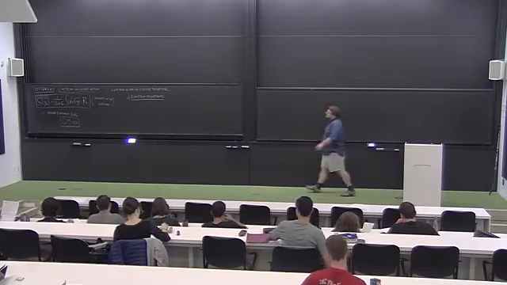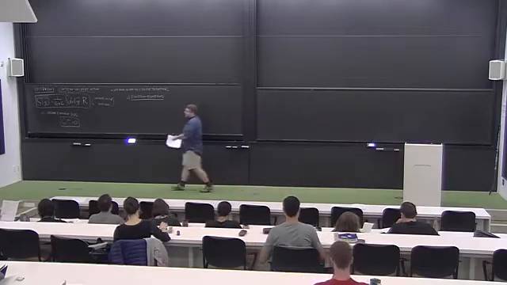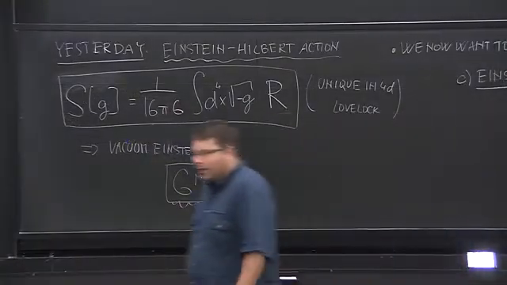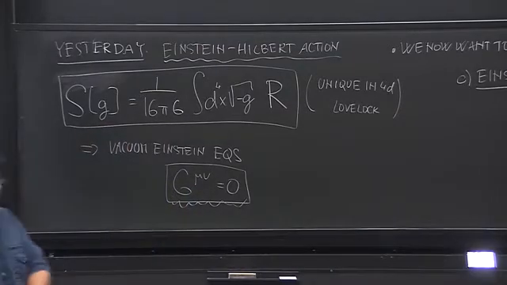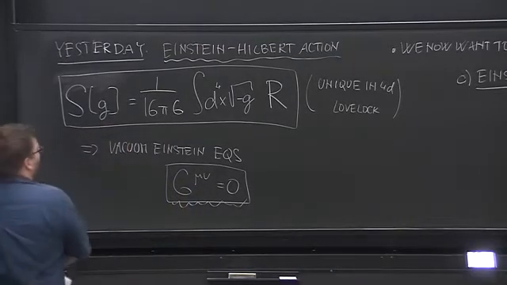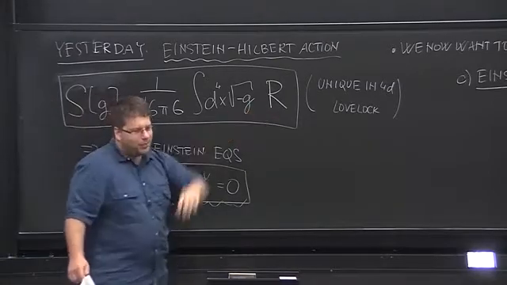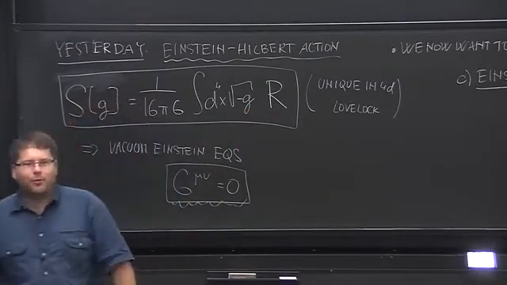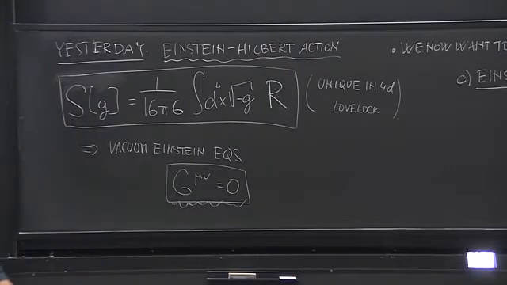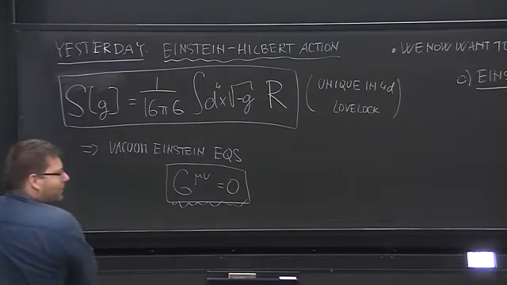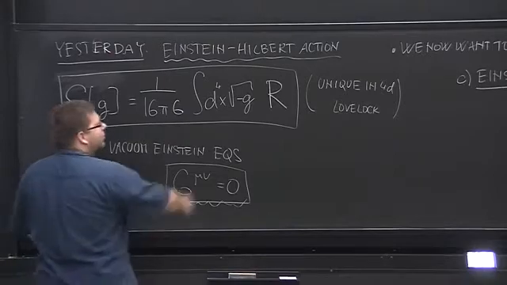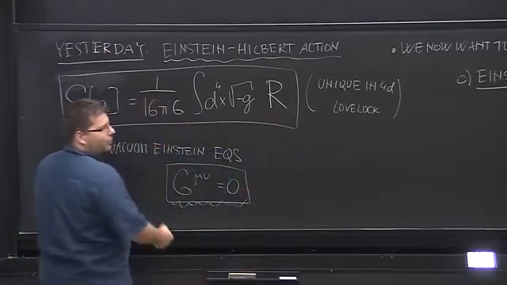Anyway, so yesterday we discussed the Einstein-Hilbert action, which is the action for the gravitational field itself in the absence of matter. And it's this really, really beautiful action where you say that the simplest possible scalar you can form out of the metric and the first and second derivatives of the metric is simply the Ricci scalar. And then what else could it be?